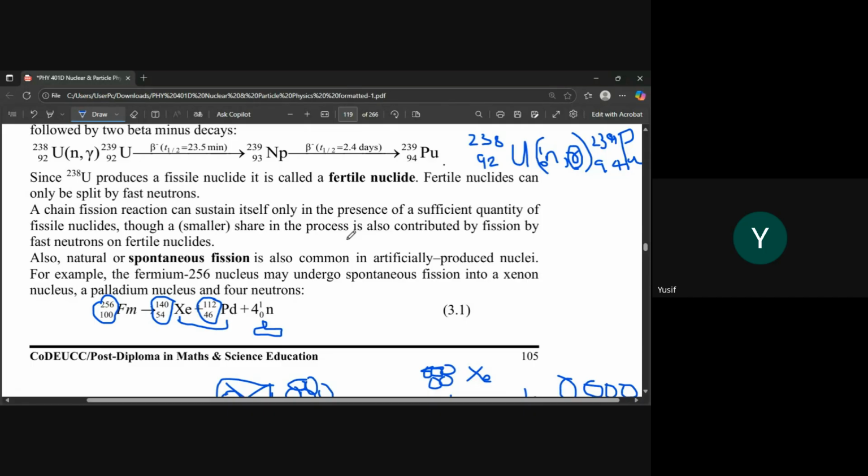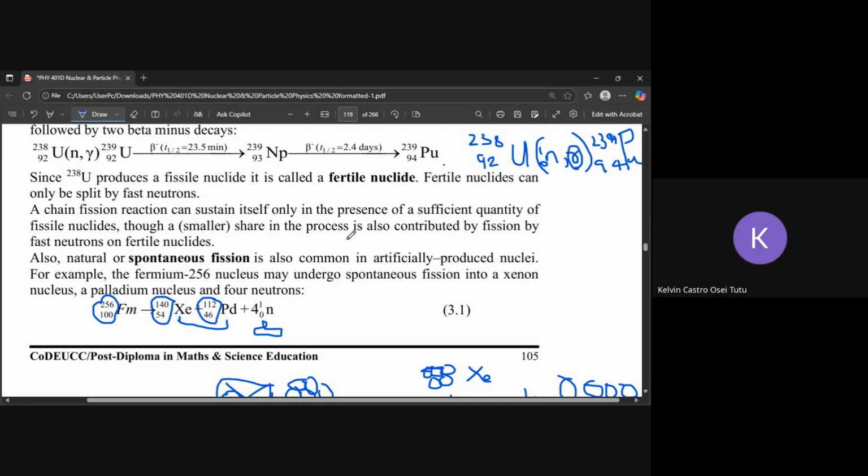Why? Because it can undergo fission, split into two or more daughter nuclei, right? And we are also saying it's a fertile nuclide. Why is it a fertile nuclide? I'm asking about what is written there.